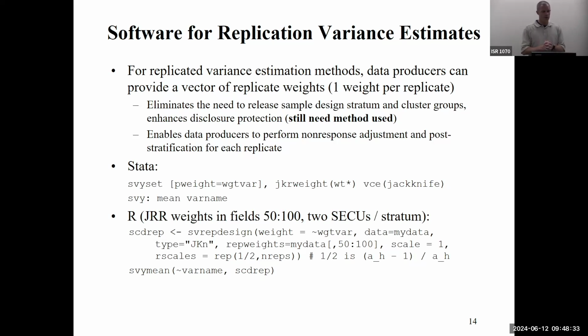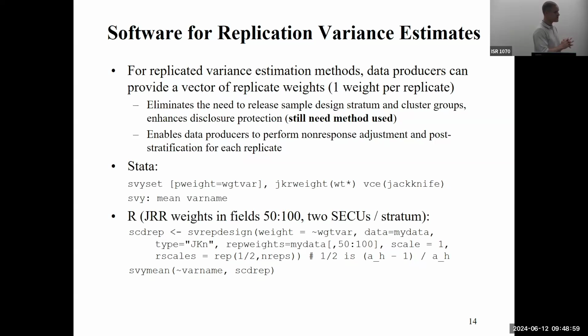So if you're given that big, long set of replicate weights, usually tagged on to the end of a data set, the software makes it very easy to input them to the variance estimation procedures. For example, in Stata, suppose we had a jackknife, we would say svyset, notice no cluster code comes after svyset.